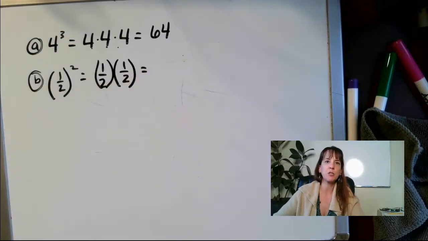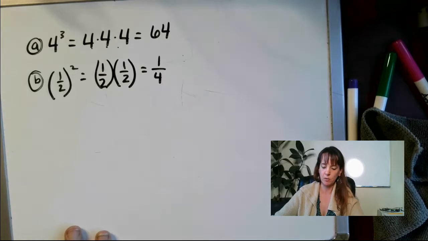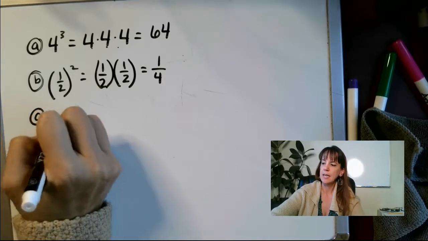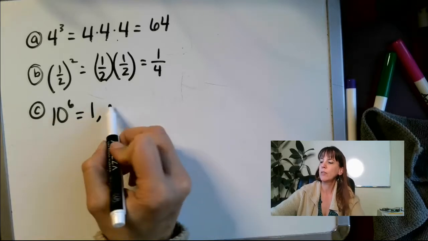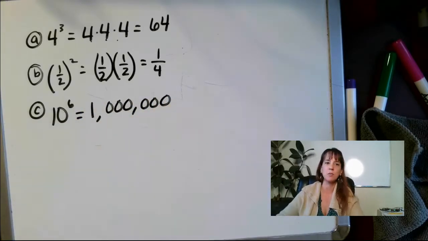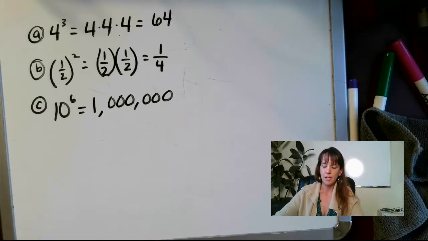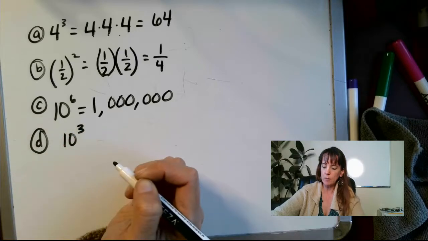Remember when we multiply fractions, we multiply straight across the top, straight across the bottom, we get 1 over 4. C, 10 to the 6th power. Remember this trick. It is 1 with 1, 2, 3, 4, 5, 6 zeros. So it's 1 million.